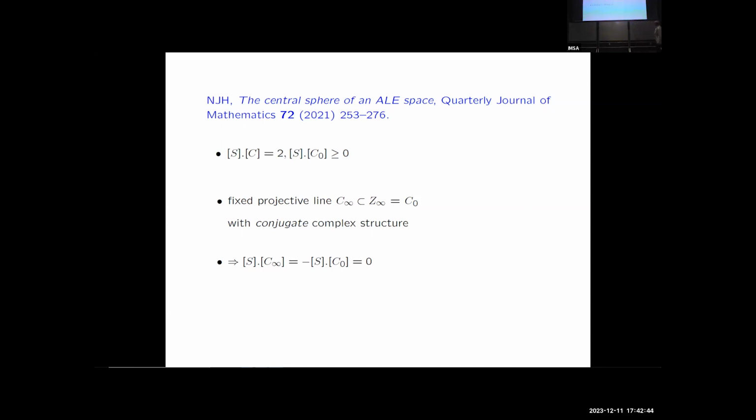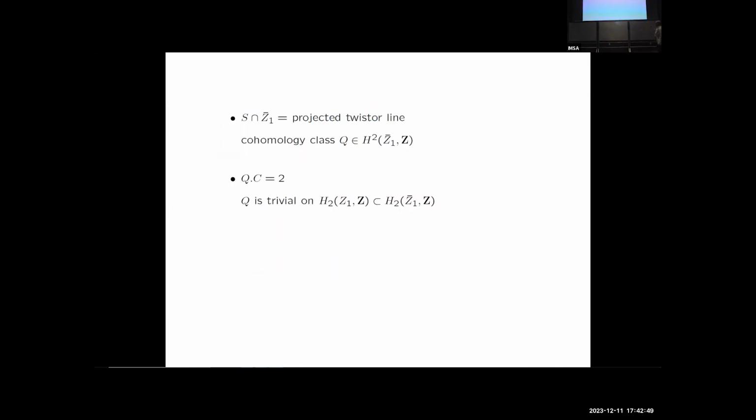So now we've got the situation where we know what the property is of the cohomology class: its intersection with this curve at infinity is 2, but it's trivial on the image of the homology of the open part Z1, which is generated by these twistor lines.